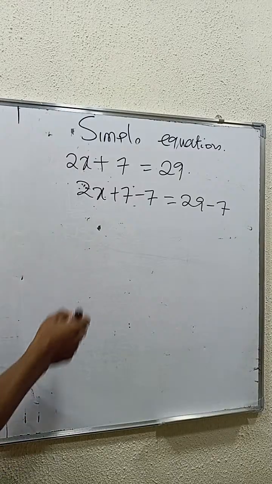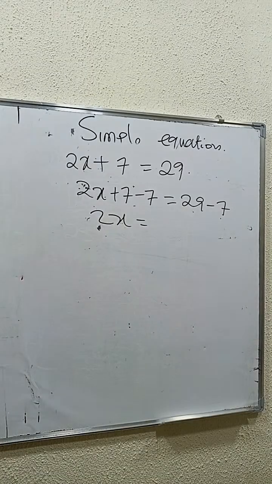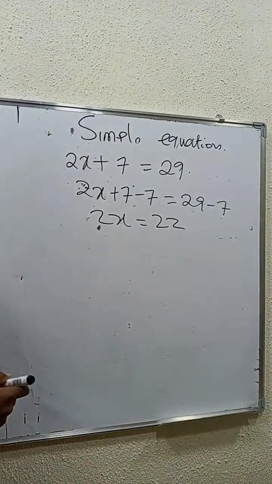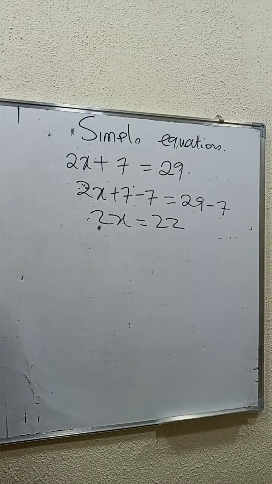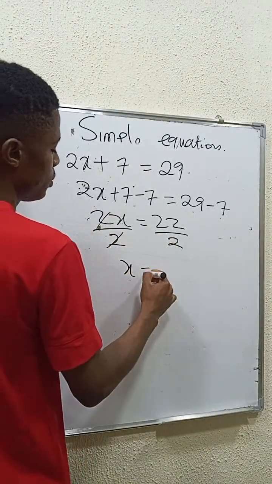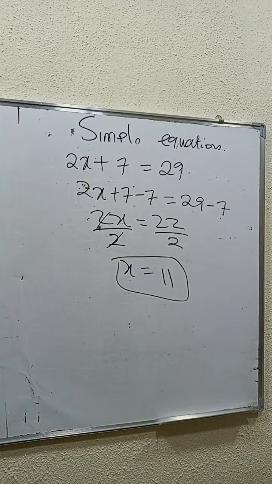That will give you 2x is equals to 29 take away 7. What is 29 minus 7? It is 22. You divide by 2 and divide by 2. If you do the division, x will only be 11 because 22 divided by 2 is 11.